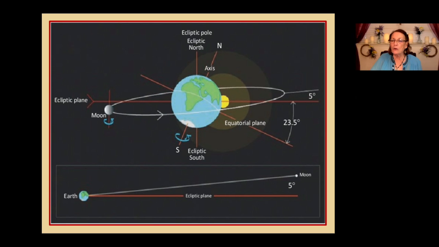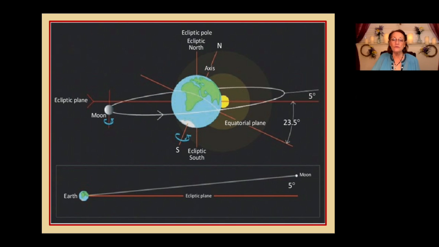Well, we've talked on many occasions in the past about how the Earth is tilted on its axis. It's not straight up and down relative to the ecliptic. And so when we look at the equator of the Earth, right around its middle, and this is the equatorial plane, this red line that goes this way.